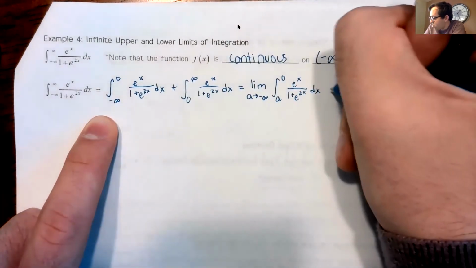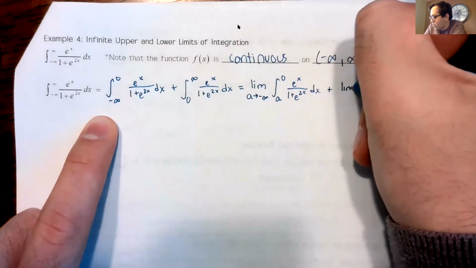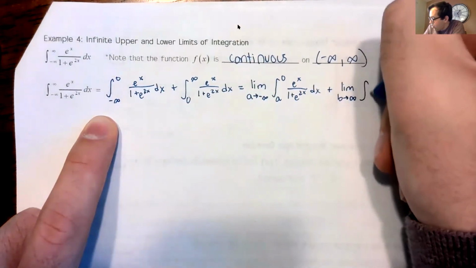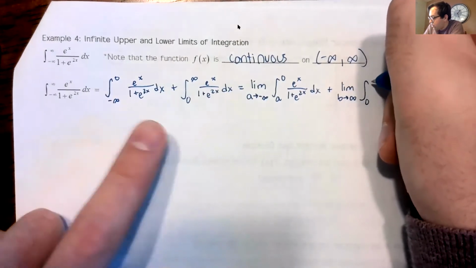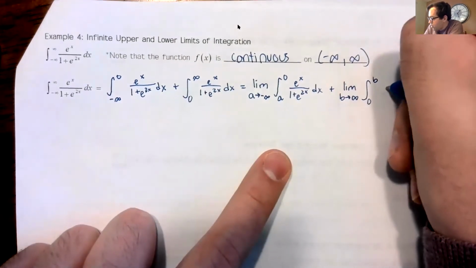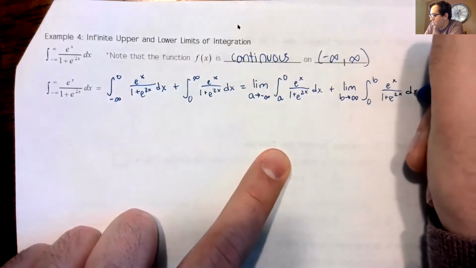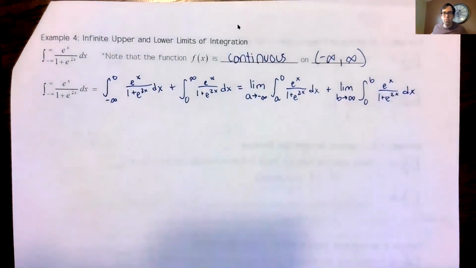And for the second one, we're also going to make another limit: as b approaches positive infinity, integral from 0 to b, e to the x over 1 plus e to the 2x dx. Okay, so we got rid of the improperness, so now we're allowed to solve.